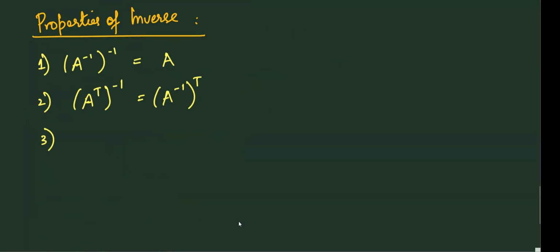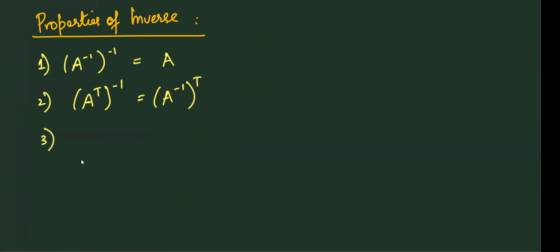So if we invert an inverse, then we get back the original matrix. A inverse whole inverse is A. And A transpose whole inverse is A inverse whole transpose.